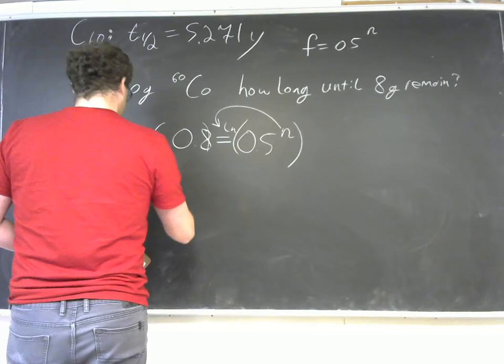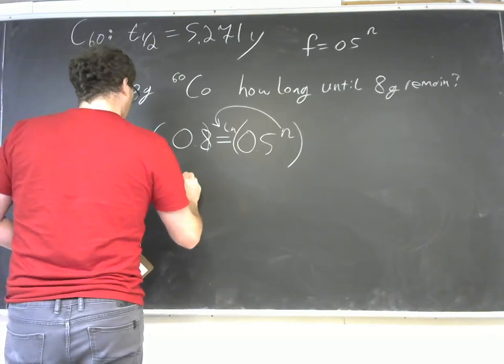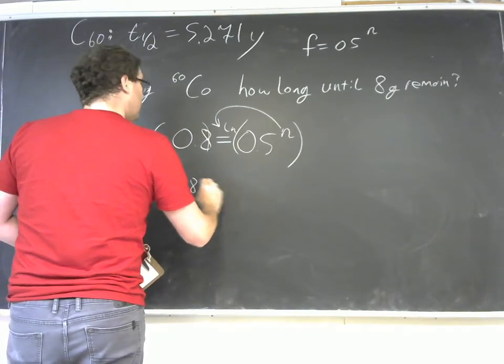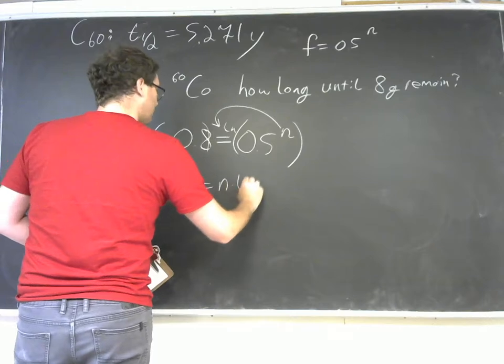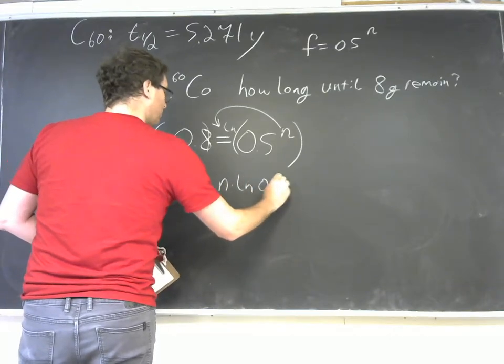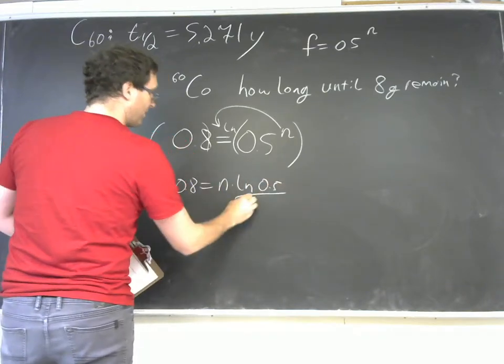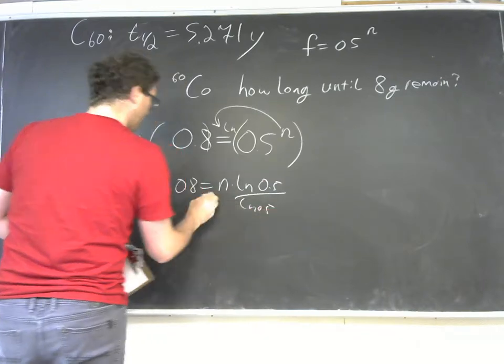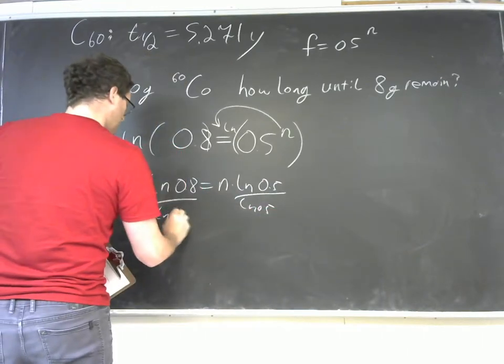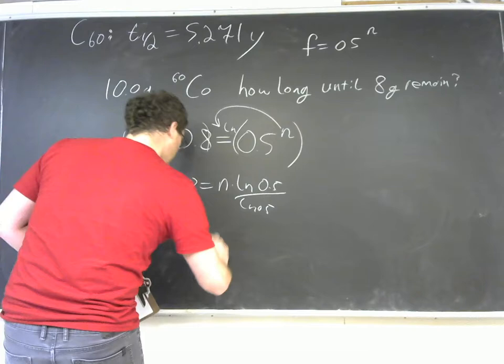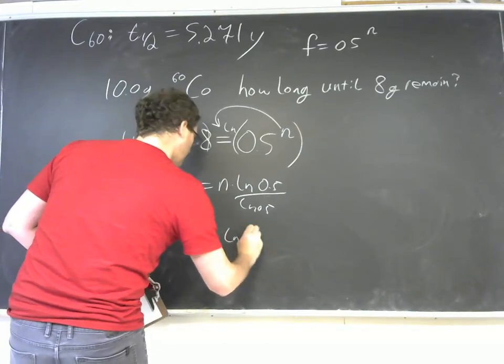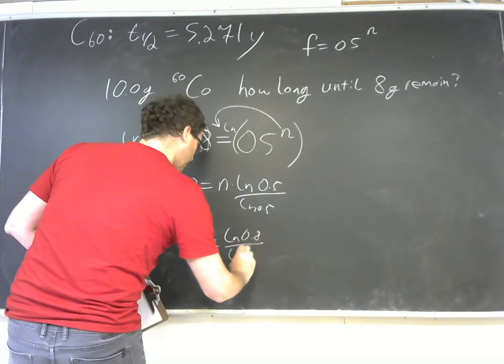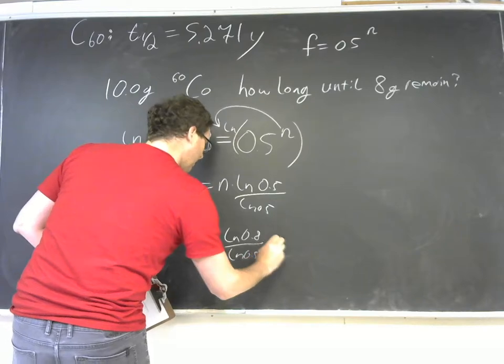So what we get is that the natural log of 0.8 is equal to n times the natural log of 0.5. And now we can just divide natural log 0.5 over to the other side. So that n is equal to the natural log of 0.8 over the natural log of 0.5.